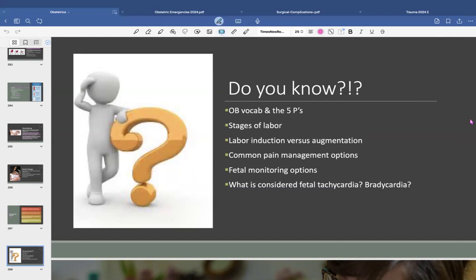Next P. Psychology, the mom's state of mind. Position, it's something about how the baby is.